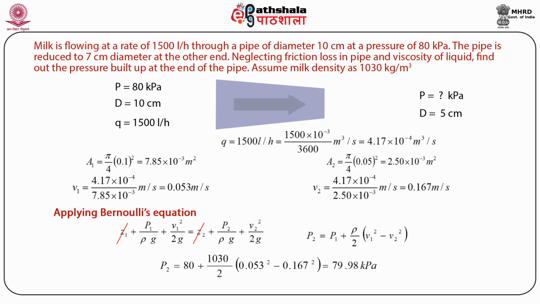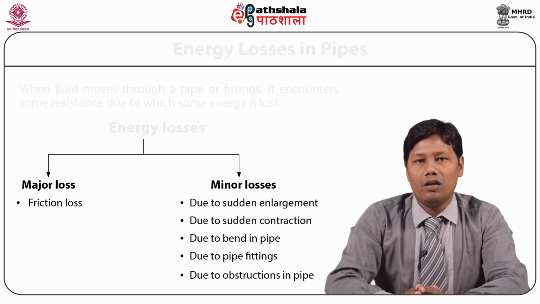So what we observed here in this numerical is, initially your pressure was 80 kilopascal at the left hand side. When you reduce the diameter to 5 centimeter, your pressure was reduced. The loss of pressure head is compensated by the increase in kinetic energy.